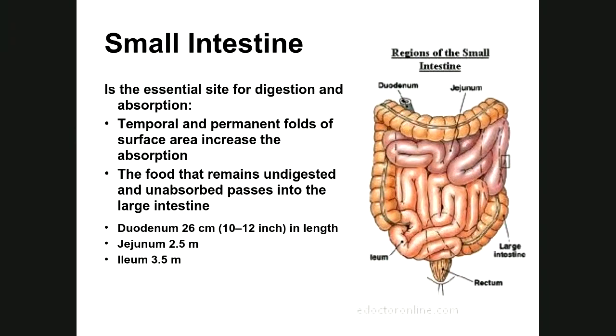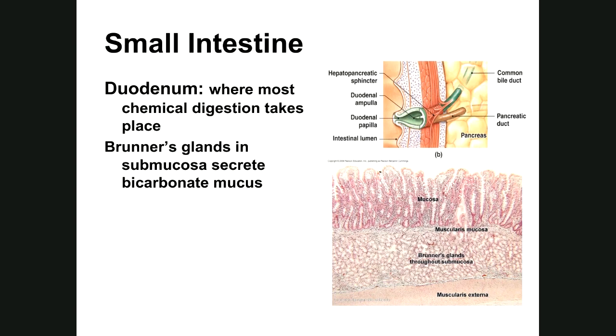The duodenum is where most chemical digestion takes place. We have those special glands, and this is how we recognize it: submucosal glands that secrete bicarbonate mucus, the Brunner glands.